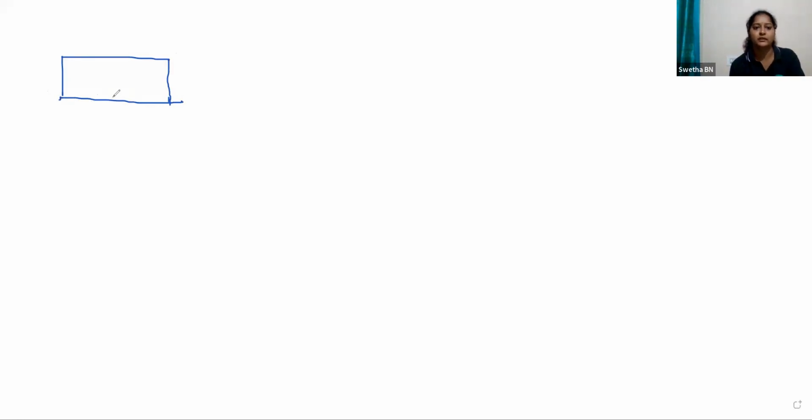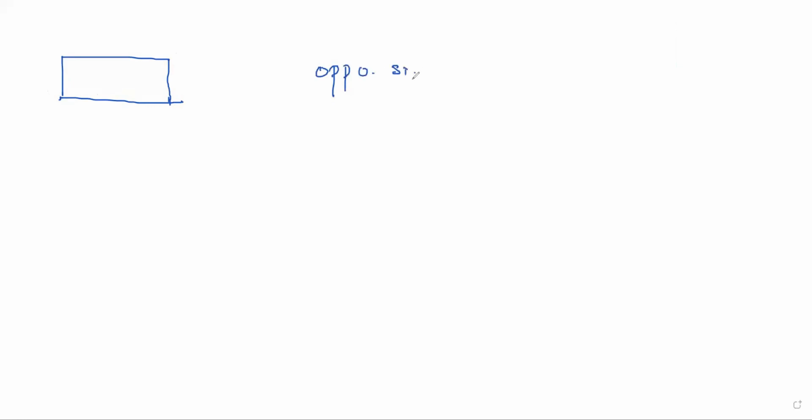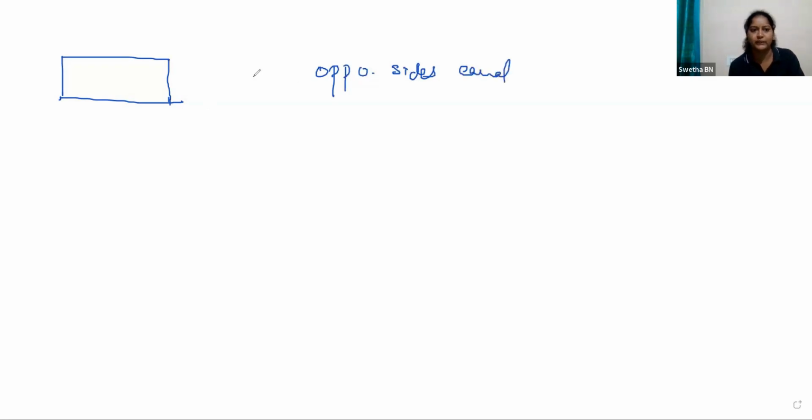Okay, so here which sides are equal? Opposite sides are equal. So here also each angle will be 90 degree. And what is area? This is length, breadth, length, breadth.